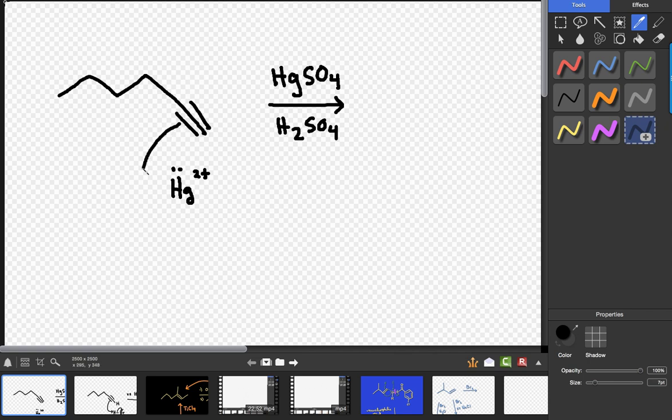So the pi electrons, you've got four pi electrons now, so that it's even more nucleophilic than an alkene. And of course, this will attack the carbon on which the positive charge is developing. And you're going to get a mercurium ion intermediate like with alkene addition, only now you still have a pi bond.